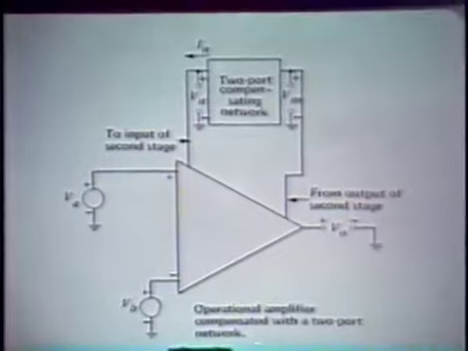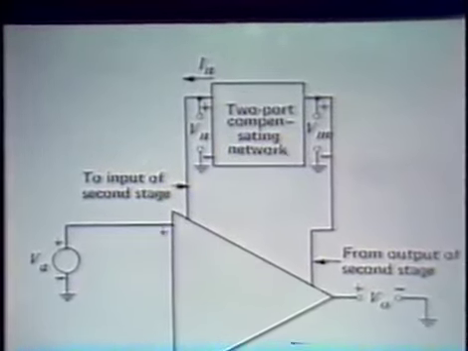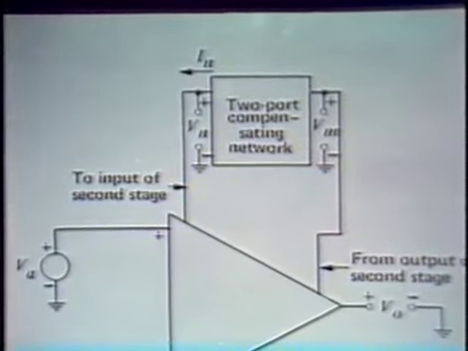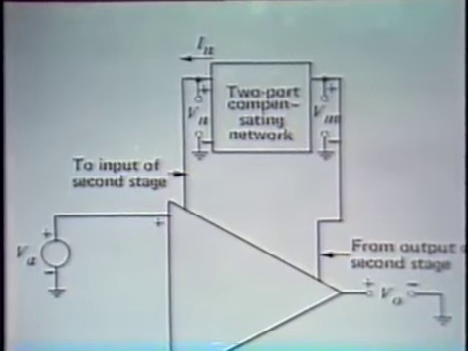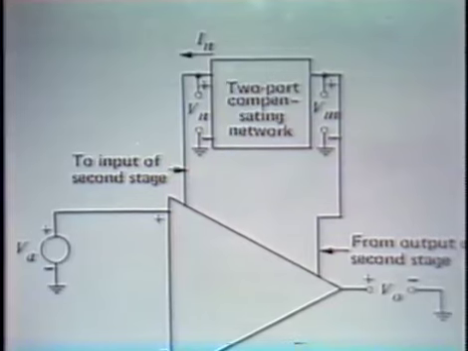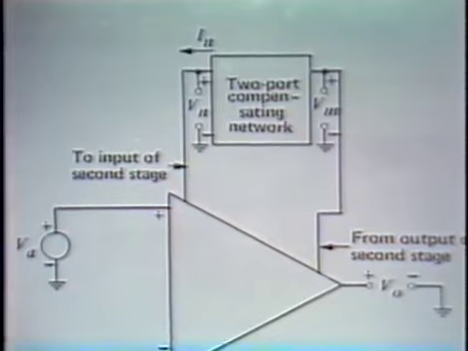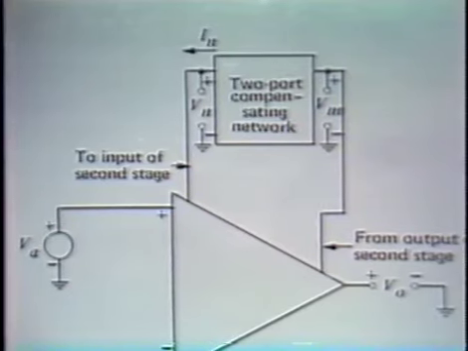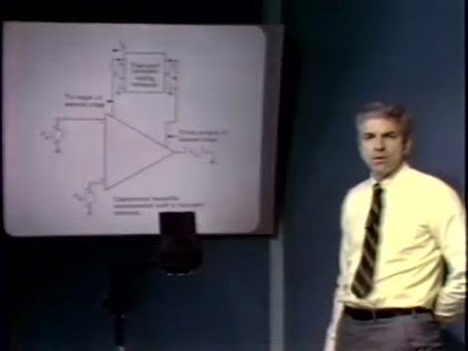And then there's a second stage that provides very high voltage gain, that uses the output of the first stage and amplifies it by a large amount. And by using appropriate design techniques in these two-stage amplifiers, it's possible to get the kinds of open loop gains at low frequencies that one normally associates with operational amplifiers, somewhere on the order of 100,000 to 1 million, implying a voltage gain, if it's equally distributed between the two stages, of something like 1,000 per stage.